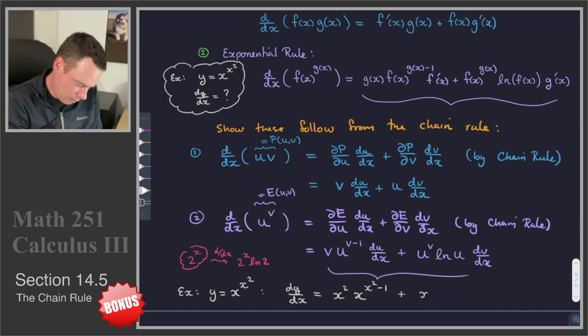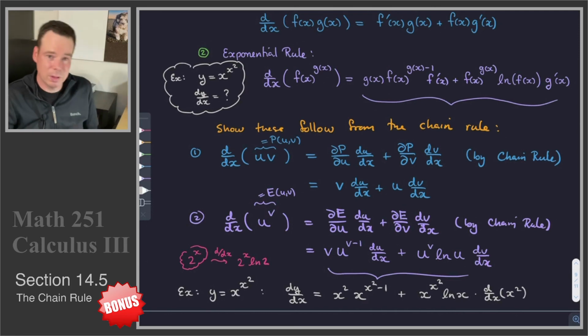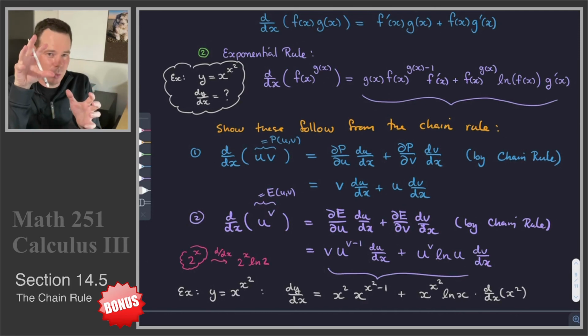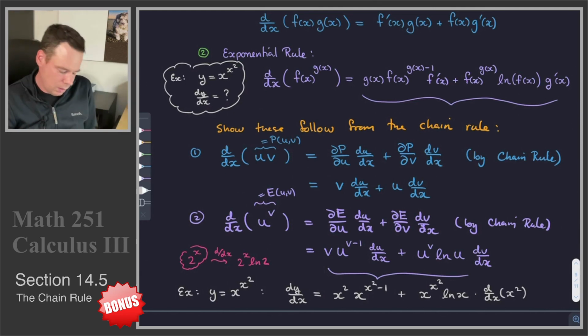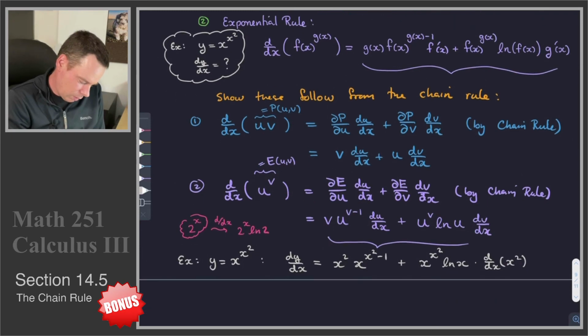When I differentiate that, it's just x to the power of x squared times log of the base, and then I've got to multiply by the derivative of that exponent, because I was thinking of it as a constant raised to the power of x squared. And when I do the base x raised to the power of x squared, I then have to multiply by the derivative of the inside, which is the derivative of x squared.